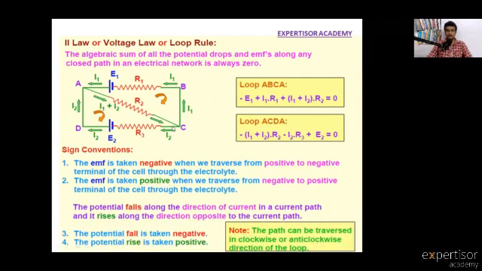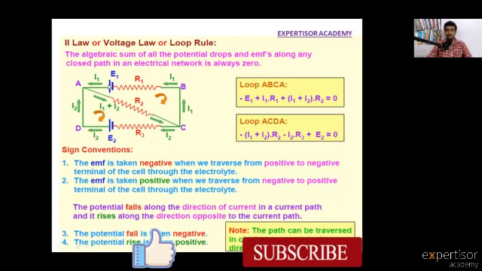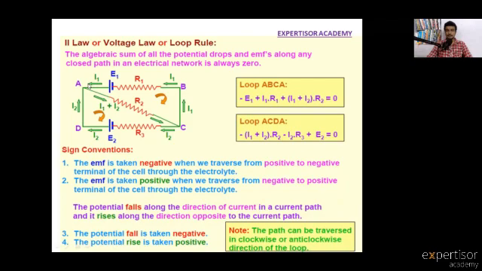Look at this electrical circuit A, B, C, D. Here there is one battery, one resistance R1, and the EMF of the battery is E1. Here the I1 current starts. This is the R2 resistor, this is the R3 resistor. Here the E2 battery is there.